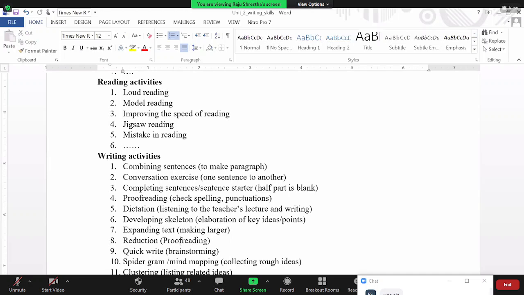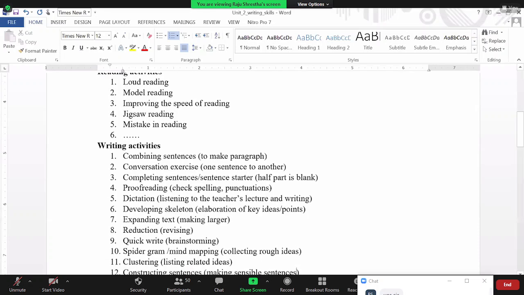And reduction, when we proofread the text or revise the text, proofreading or revising, let's say, rather than proofreading, revising. So some unnecessary words, sentences, ideas can be reduced, can be omitted from the writing, and some can be added. Quick write also, at the stage of brainstorming, students write fast.